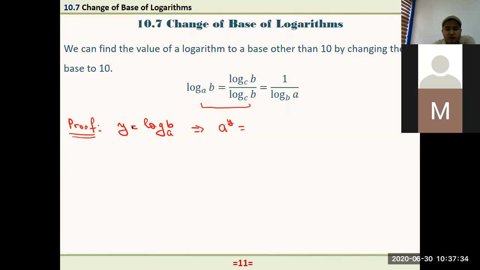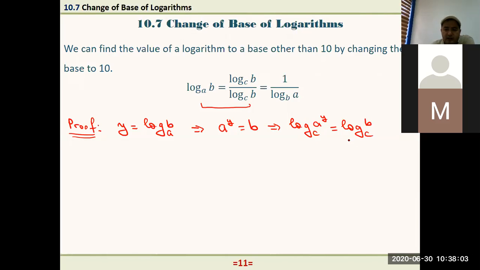So a to the power y is equal to b. All right, so now from here, if I take the logarithm of both sides to the base c, what we have here? Logarithm of a to the power y to the base c, and here we have logarithm of b to the base c, right? We just did the same thing to both sides.